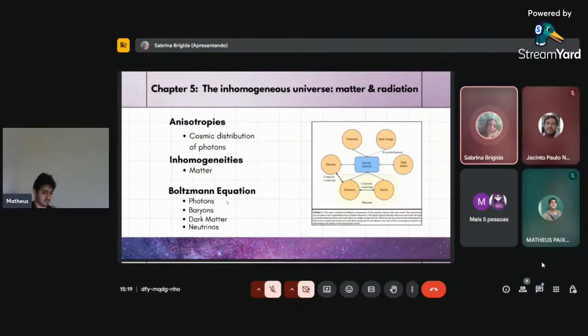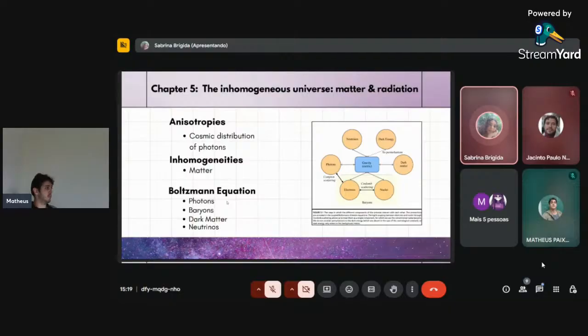We have already seen how the number and density of species evolve with time for a homogeneous universe. Now we want to understand the spatial and directional dependence of the distribution function.